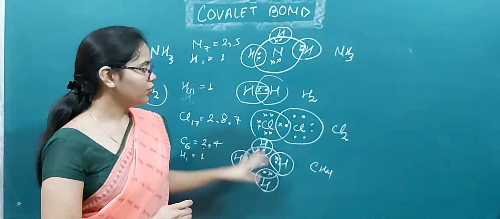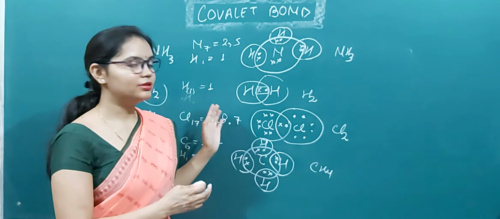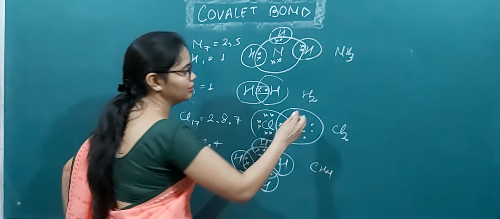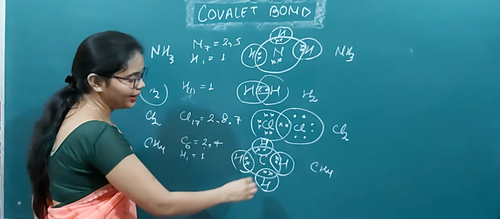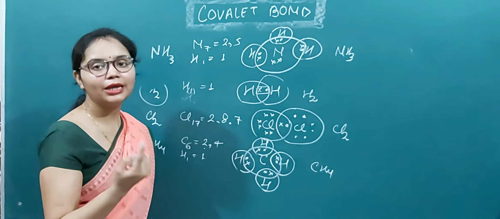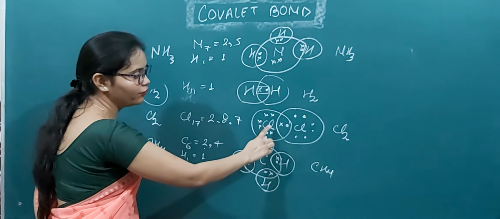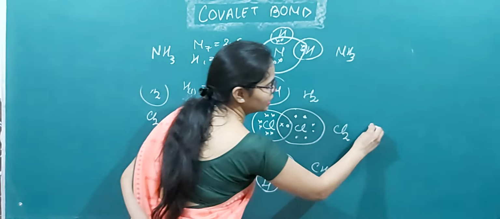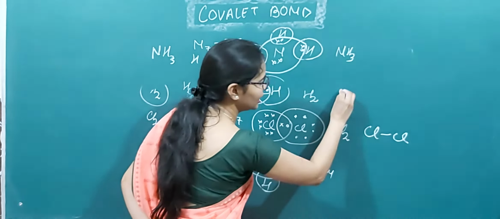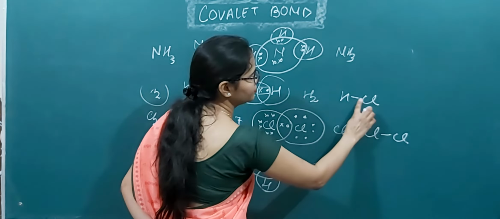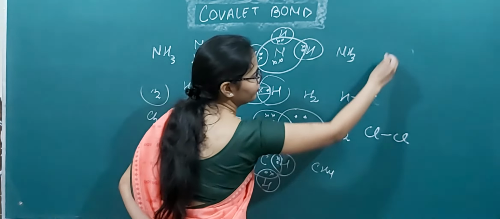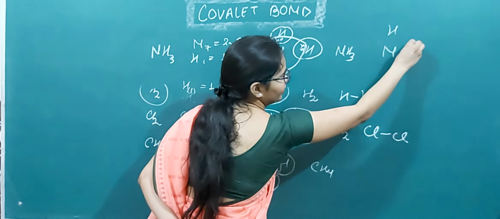Now in these examples we have seen that all the constituent atoms are sharing only one pair of electrons. As they are sharing only one pair of electrons, they will form a single bond between them like this.